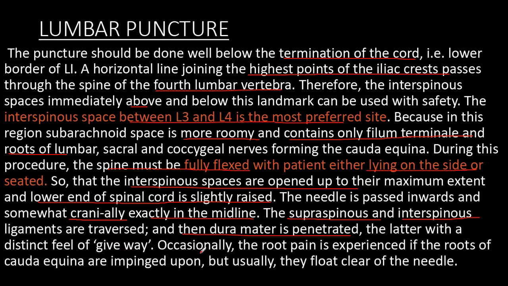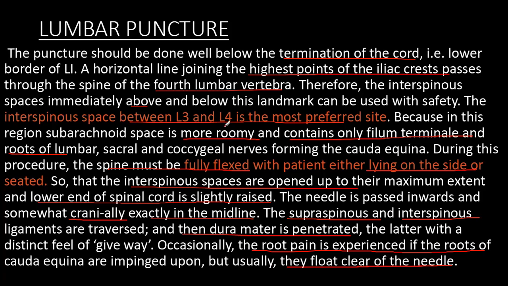Okay. Now, occasionally root pain is experienced if the roots of the cauda equina are impinged upon, but usually at this level, L3 and L4, at the interspinous space, those roots forming the cauda equina will float free of the needle, so there will be no injury to them. Okay, so you want to do that.